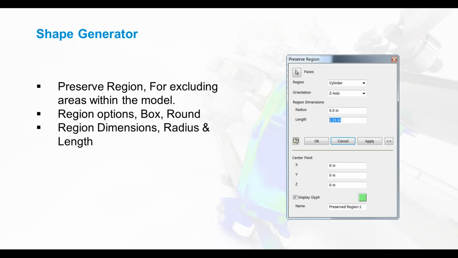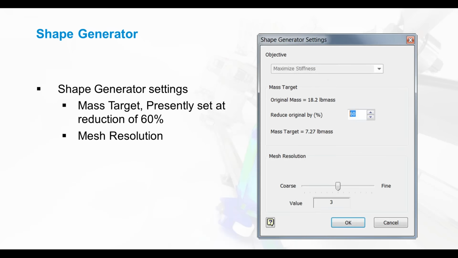All right, next slide, please. The shape generator settings, not very many here. Again, we've got a mass target, and we're going to look at reducing the weight by about 60%. So it gives you the original mass and then what you're shooting for. It doesn't have to be 60, it could be 50, 25, whatever.